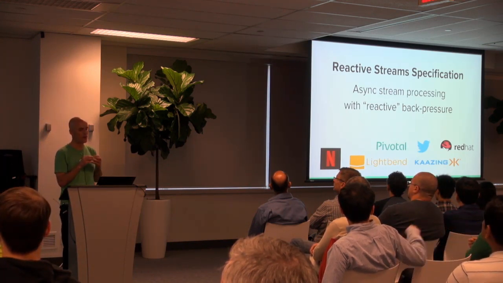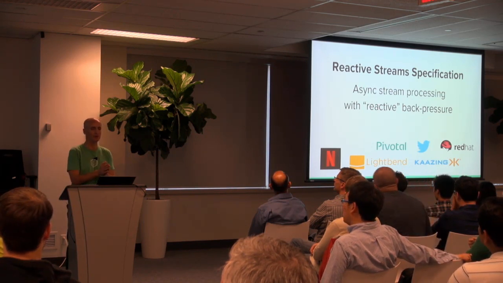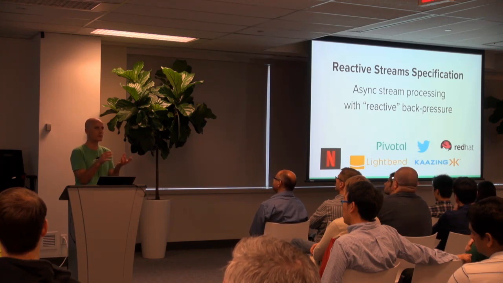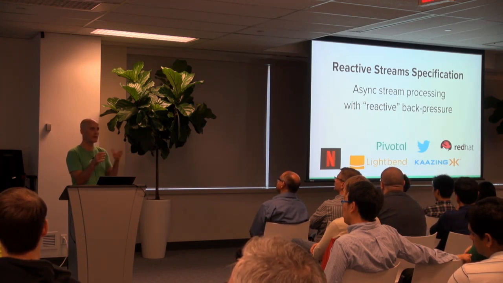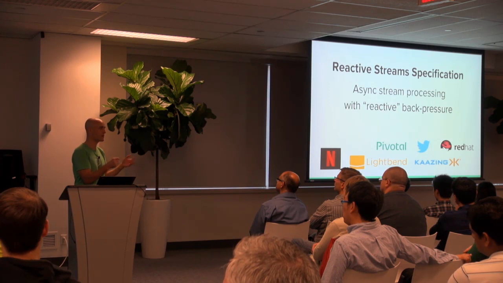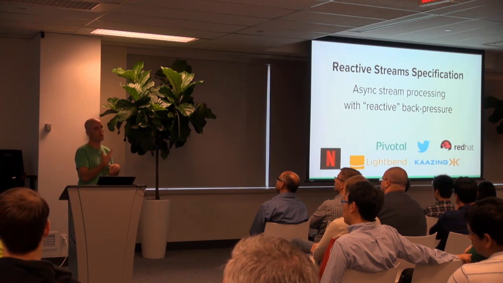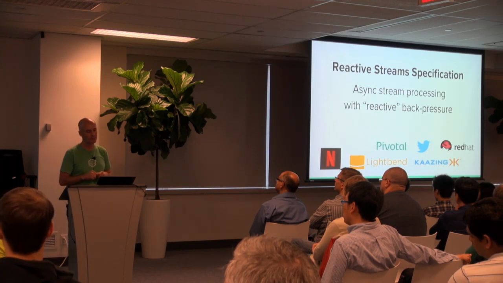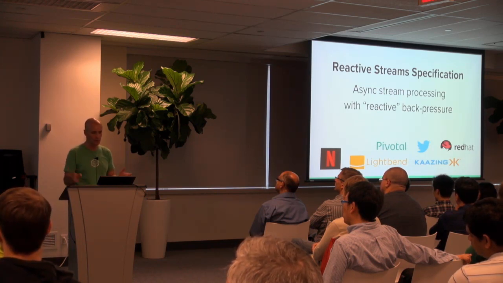It's focused on interoperability and the concept of back pressure. The idea is that if you have a publisher and a subscriber, an upstream and a downstream, a data pipeline where something is producing and something is consuming, it shouldn't overwhelm the consumer. The consumer should be able to say, I don't want any more, pause or stop.